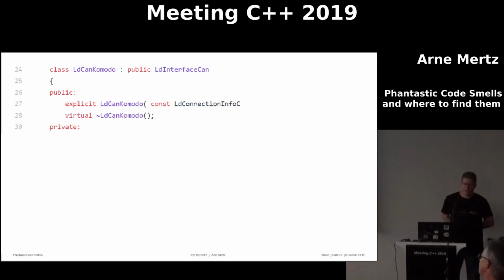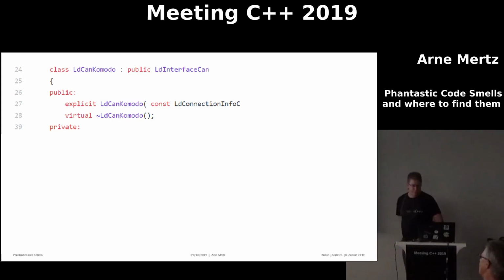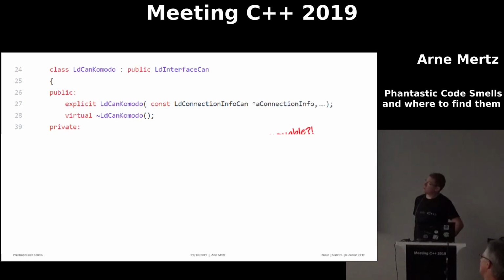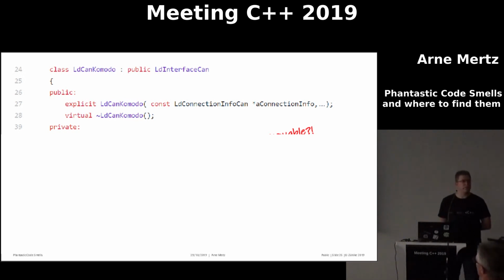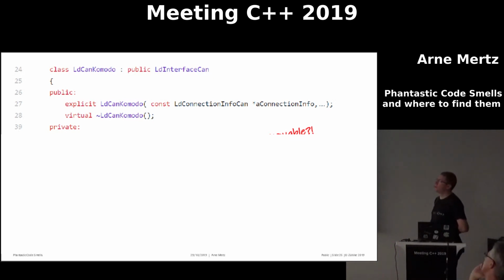Another class, very simplified, from the lidar SDK. So what's the problem here? This class is actually copyable, because the compiler is helpful and generates a copy constructor, copy assignment, and since C++11 a move constructor and move assignment for me.